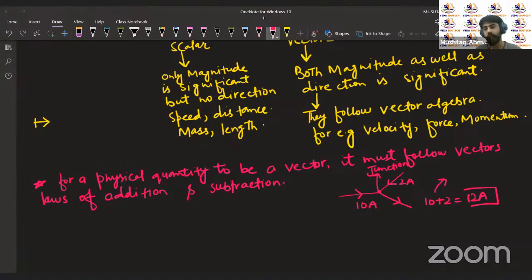So even if the current is flowing with a proper direction, still we cannot call current a vector. It's a scalar quantity because it does not follow the vector laws of addition or subtraction. So for a quantity to be called a vector, it's important to follow the vector laws of addition as well as subtraction.